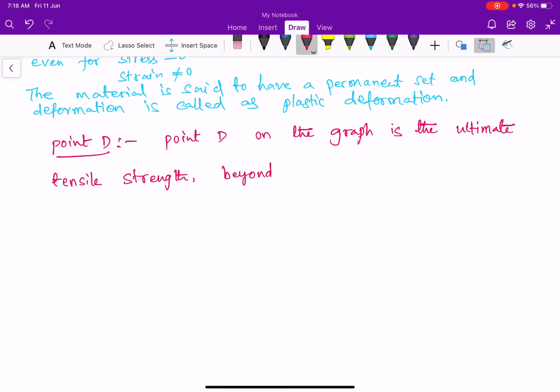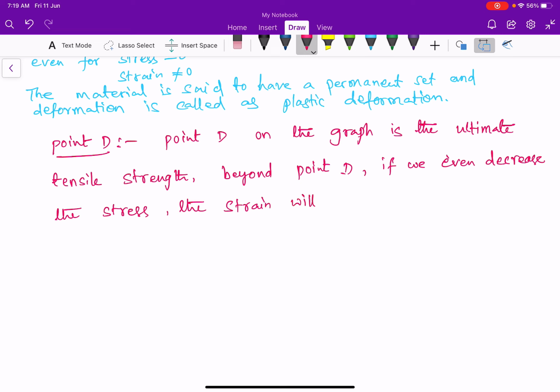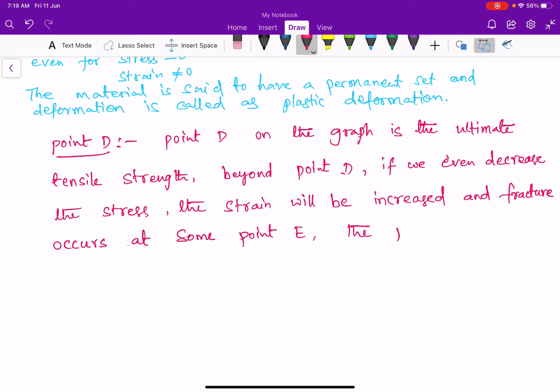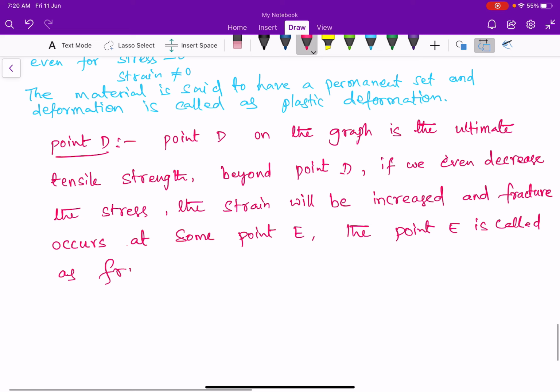Beyond point D, even if we decrease the stress, the strain will increase, and fracture occurs at some point E. The point E is called the fracture point.